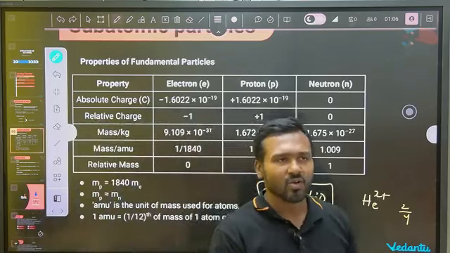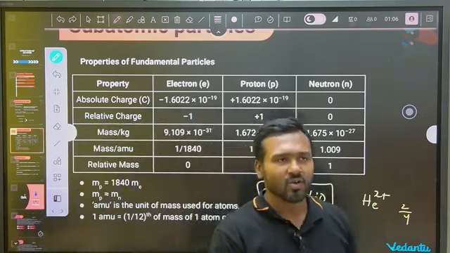If you take absolute values you will get different numbers, but since it is a comparison, they are not going to ask absolute values. They will ask which is greater, or the increasing or decreasing order. So highest is electron, second is proton, third is alpha particle, and the least is neutron.